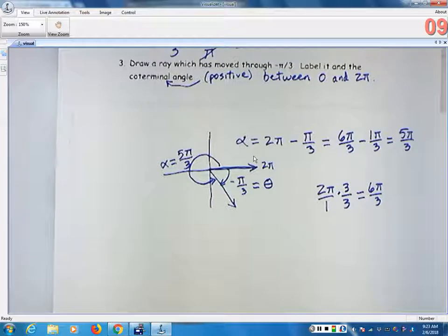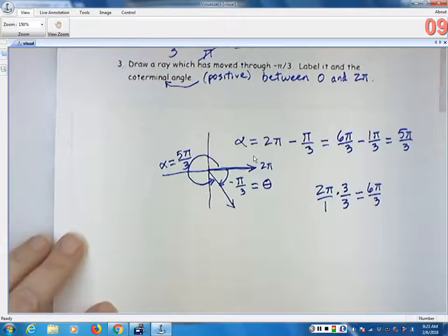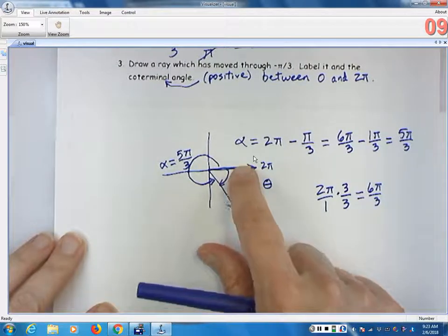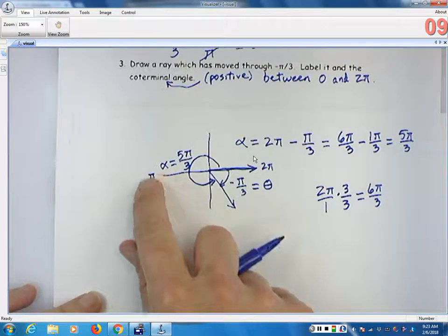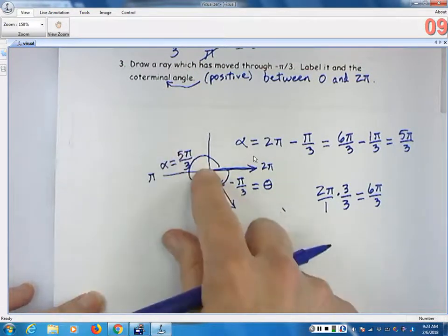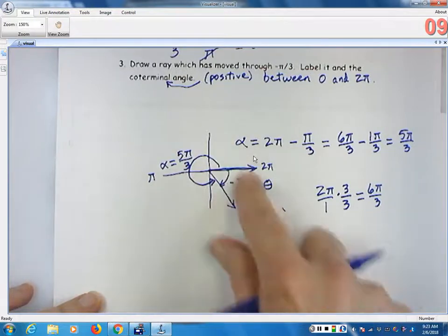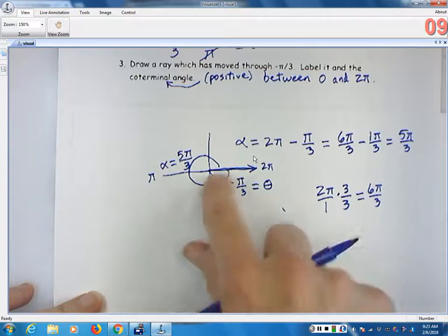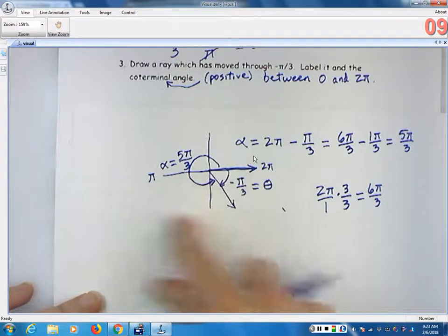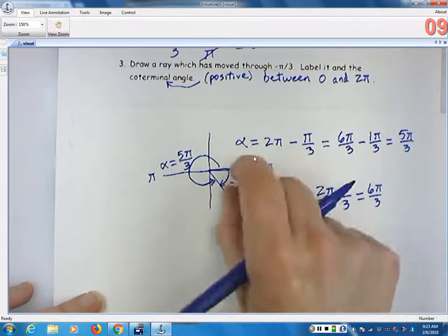How do you know whether or not to use pi or 2 pi to subtract from and stuff like that? Okay, well from the picture, this is pi on this side. So if I subtract from pi, I'm going to get an angle up here. So you got to draw the picture, and here's our angle. We need this angle. This whole thing is 2 pi, so you're going to take 2 pi minus this.